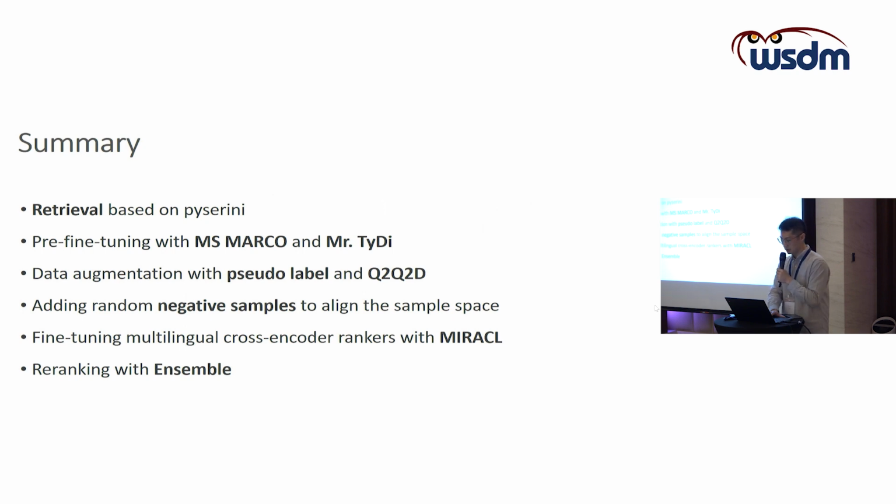As fine-tuning with more data results in substantial improvement, we believe that data augmentation would also be beneficial. The pseudo-label and Q2Q2D techniques further improve the model performance. To address the issue of sample selection bias, we incorporate random negative samples to align the sample spaces of retrieval and ranking. And finally, we use model ensemble to get the final results.